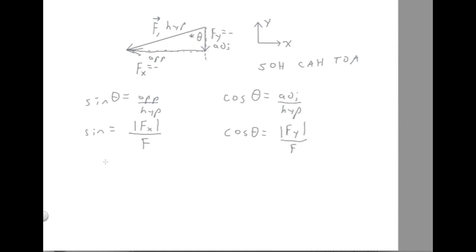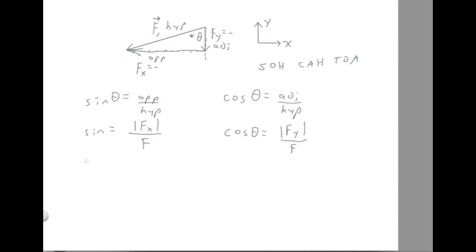And the length of the hypotenuse is F without the arrow, because this does not reflect the direction, it's just the magnitude. So here I use F without the arrow. And over here, similarly, cosine theta, the adjacent side is the magnitude of Fy over the hypotenuse F.